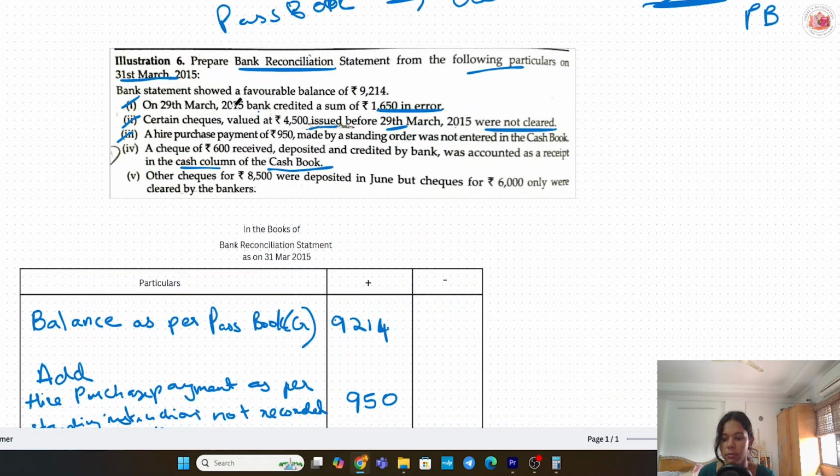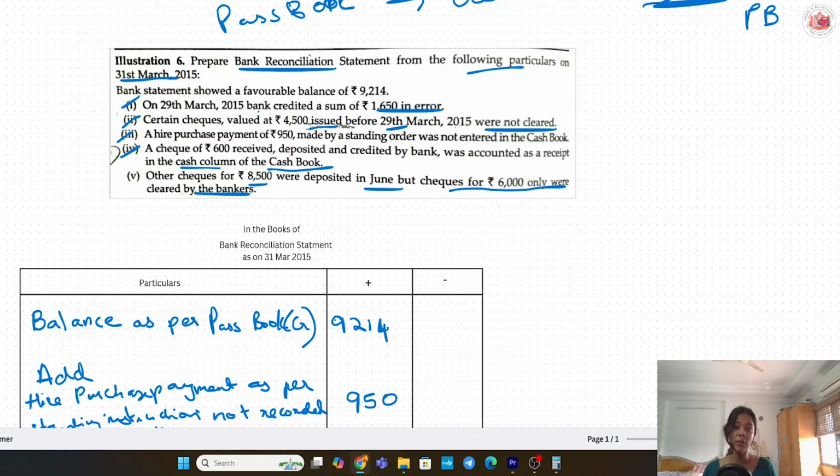Let's see the next one. Other checks for rupees 8,500 were deposited in June, but checks for only 6,000 were cleared by the bankers. Okay. So checks worth rupees 8,500 were recorded in my cash book in the month of June itself. But till 31st March, only 6,000 rupees were credited in the bank. Only 6,000 rupees we have received. But in our cash book, we are showing that we have received 8,500.